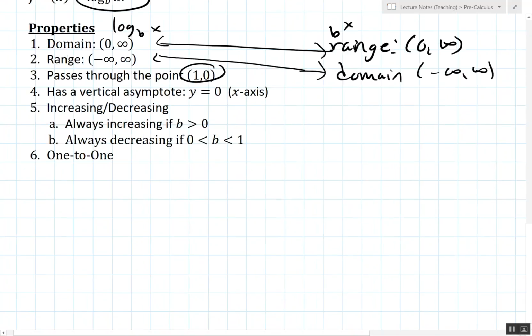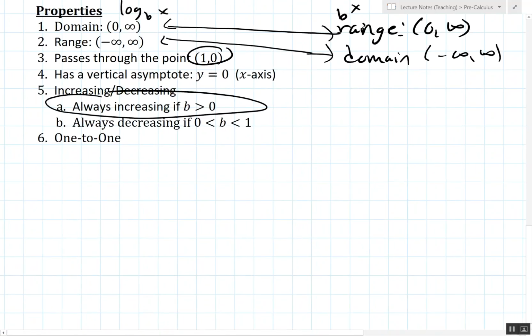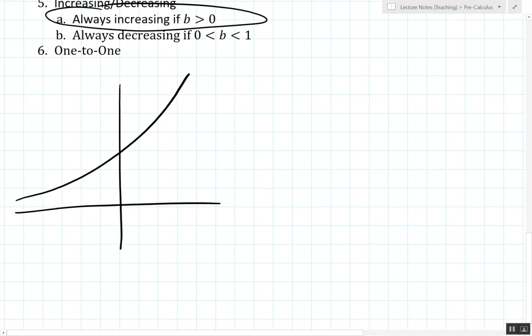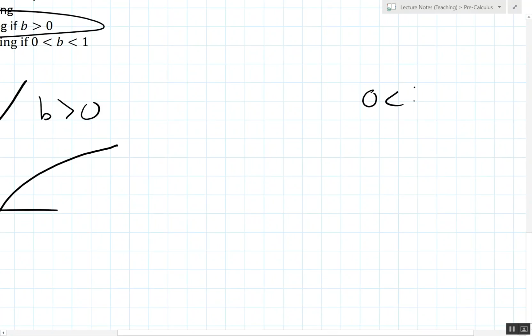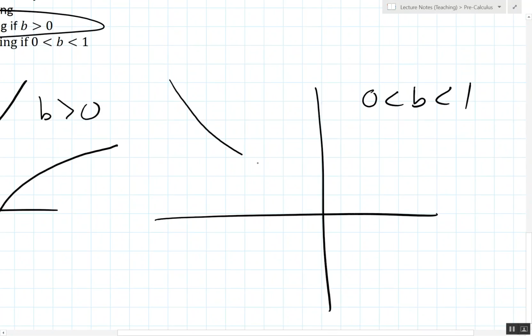Always increasing if b is greater than 1. Well, that makes kind of sense, so let's look at this case real fast. So if b is greater than 1, the exponential function looks like this, so the logarithmic function will look like that. But if b is between 0 and 1, notice that the graph of the exponential function looks like this.